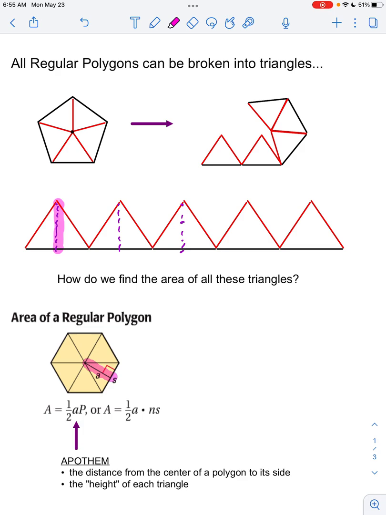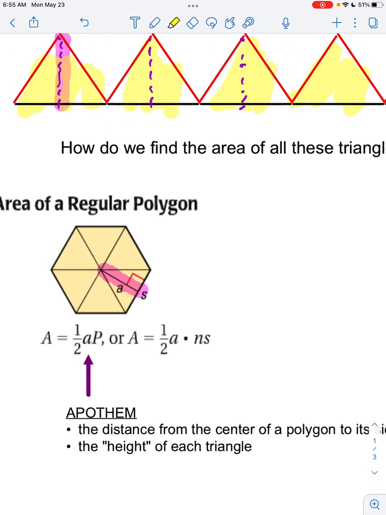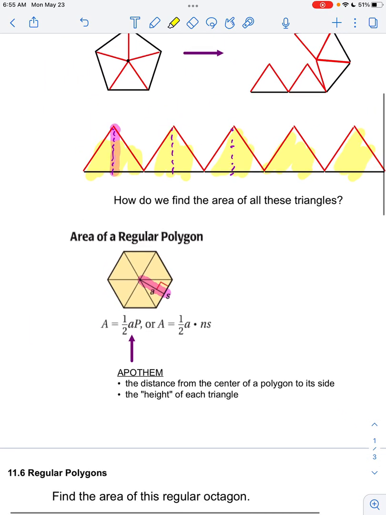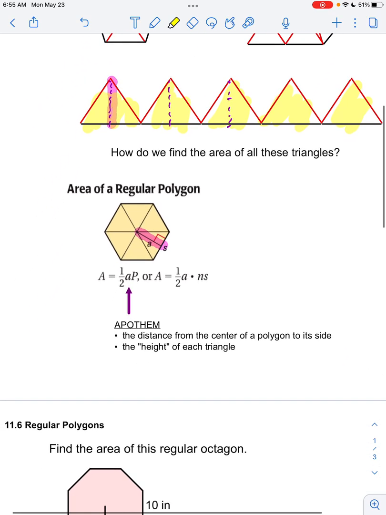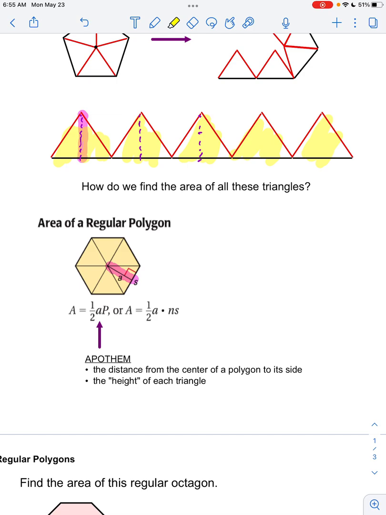So if we think about this, to find the area of the polygon, I need to find the area of all of these triangles. One way to do that is to think about the formula for a triangle, which is 1/2 base times height.